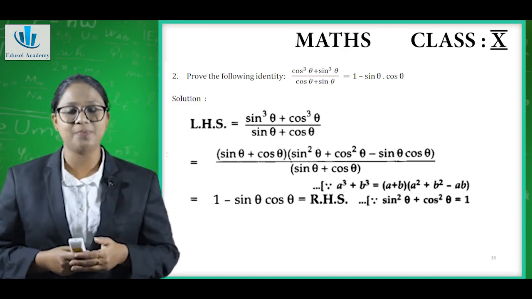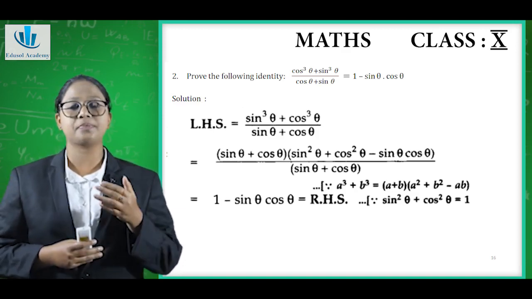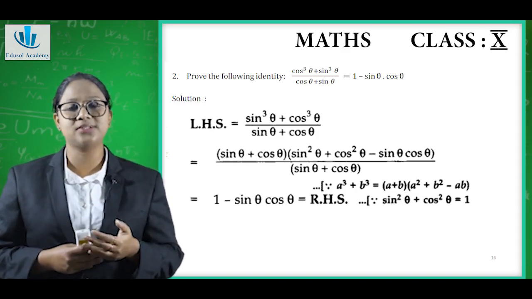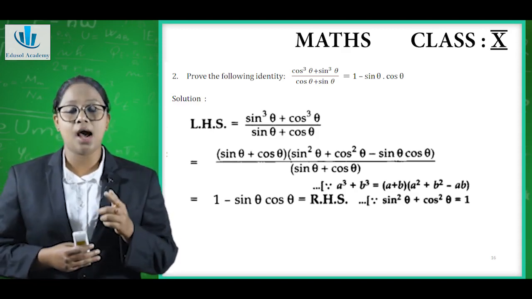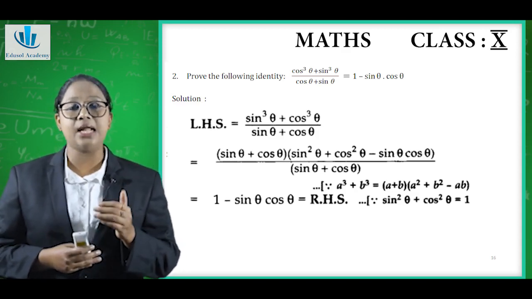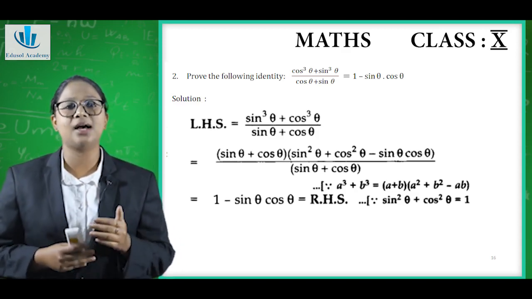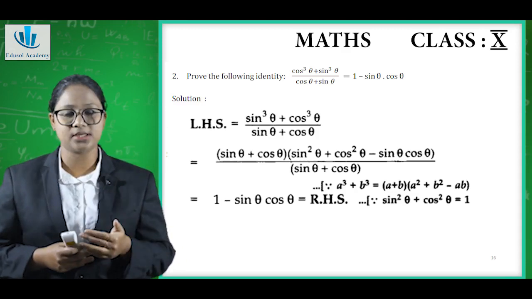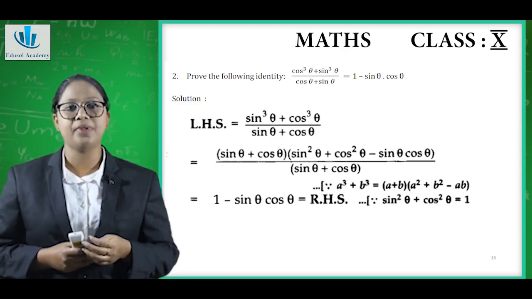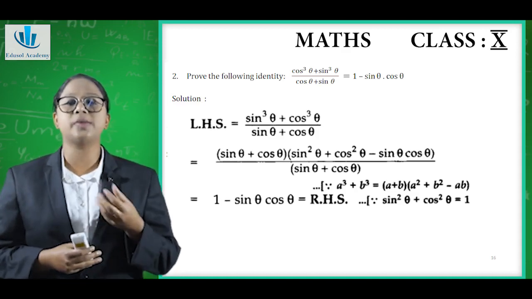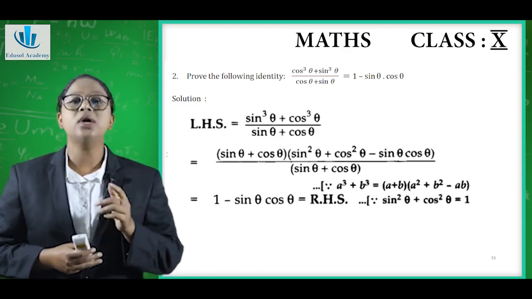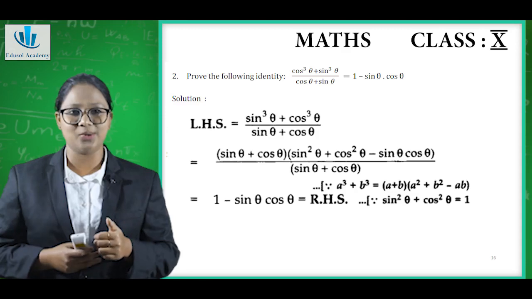Denominator is unchanged. Again, we can see that sin theta plus cos theta is common in both numerator and denominator. And one more thing, the sin theta plus cos theta is being multiplied in the numerator, so you can simply cancel them out. If sin theta plus cos theta was being added or subtracted, you won't be able to cancel it. That's a point you can note.